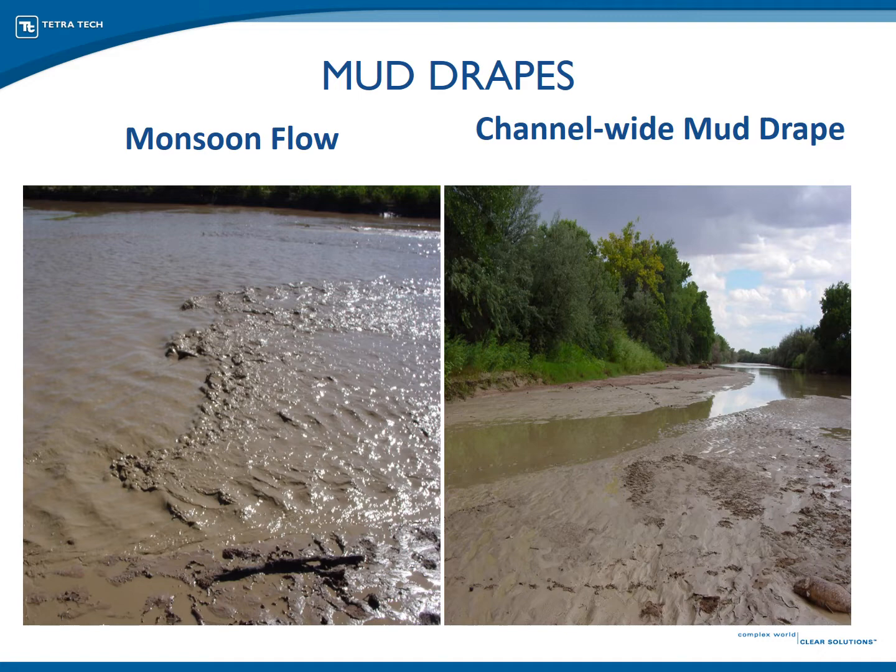But what you see after a Puerco event is that the entire bed of the channel, including the subaqueous part, is covered with a highly viscous, cohesive mud layer. Now, when you think about that, it takes a hell of a lot more energy to mobilize cohesive mud than it does sand. So we're starting to form a mud armor in the system.